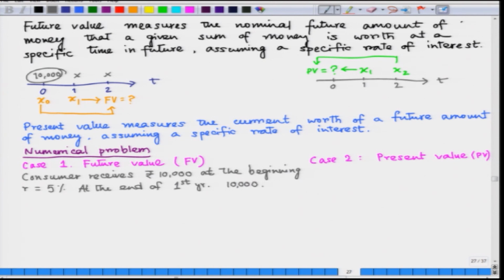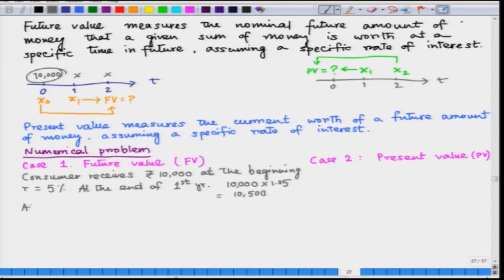Principal amount times the interest payment at the rate of 5%. So, the consumer receives 10,500, right.